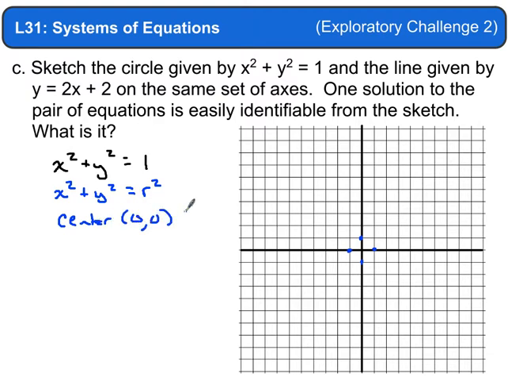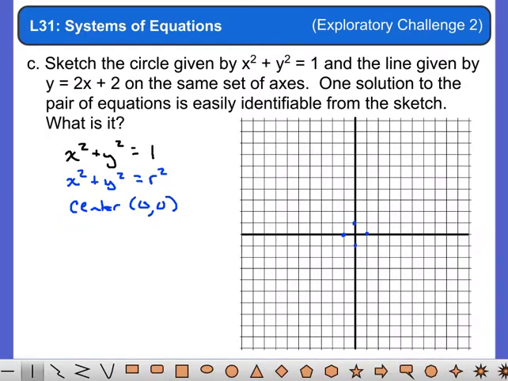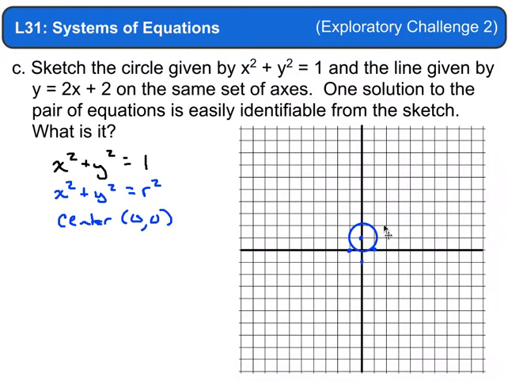When we get to a circle where the center is not at 0, 0, I will show you how to address that. So we're going to put a little circle on here. I need to recenter my circle a little bit. So I have a circle with a radius of 1 from the center.